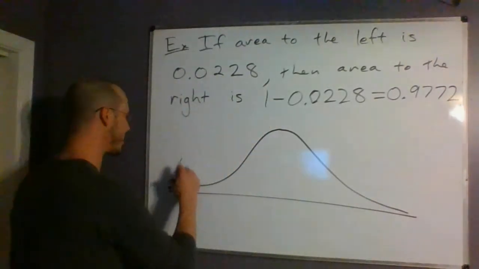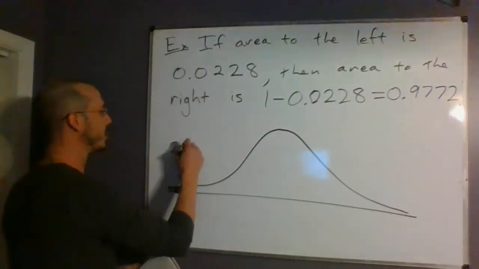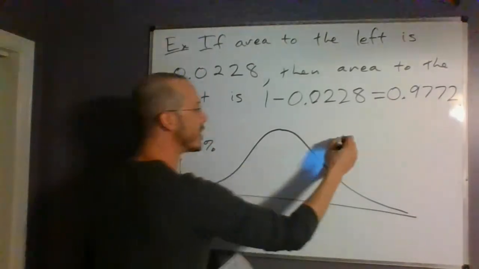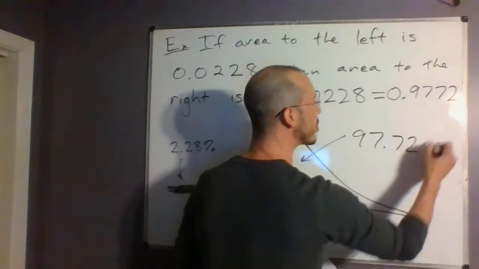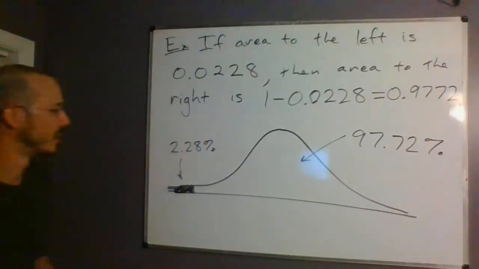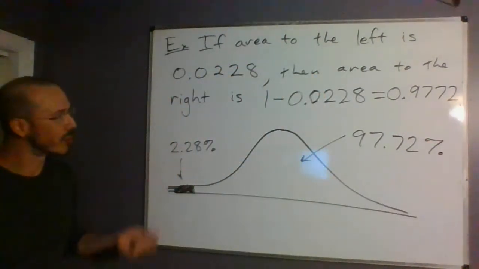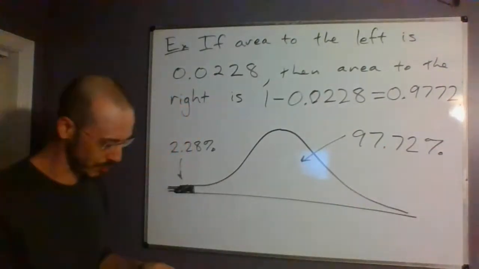So this is 2.28%, and this area is 97.72%. The area to the left is the small one. The area to the right is the larger one.